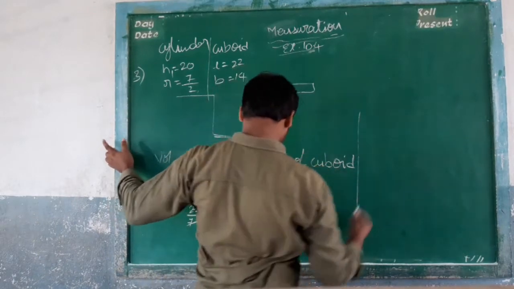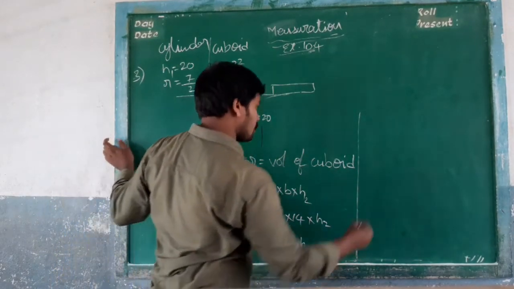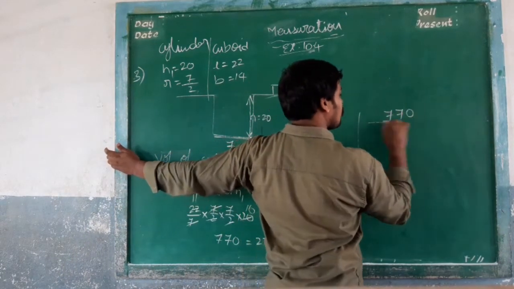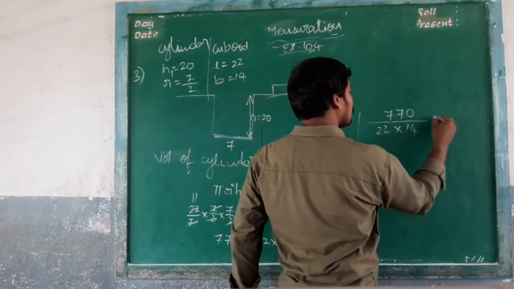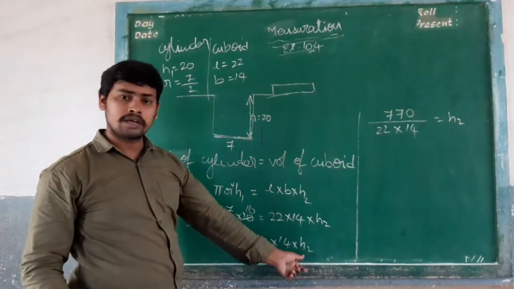So that equals 770 divided by 22 into 14 equals H2.